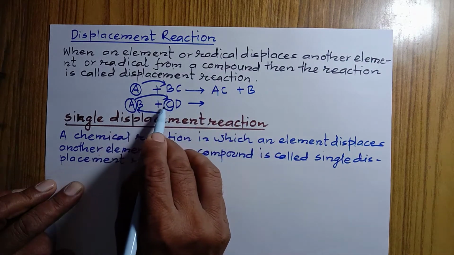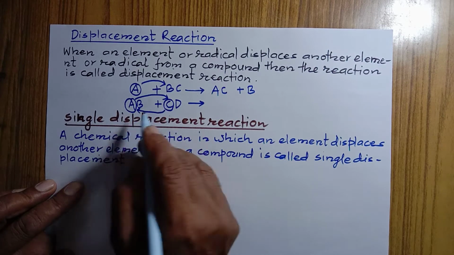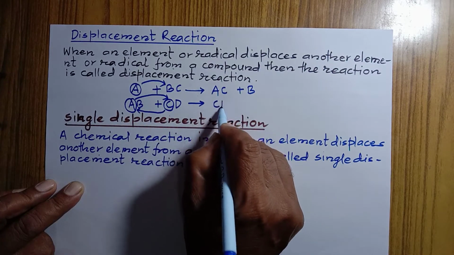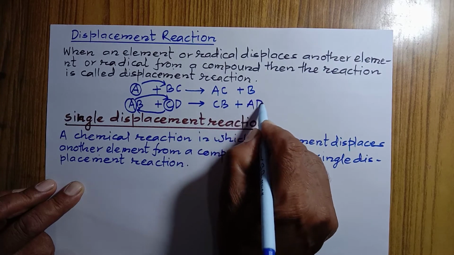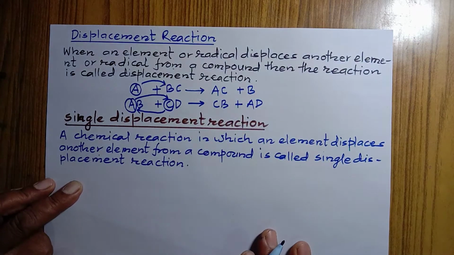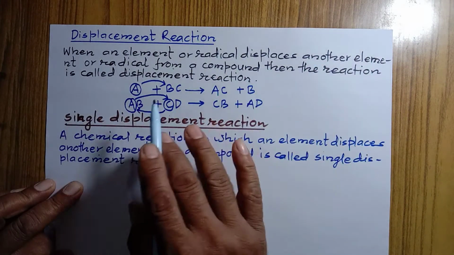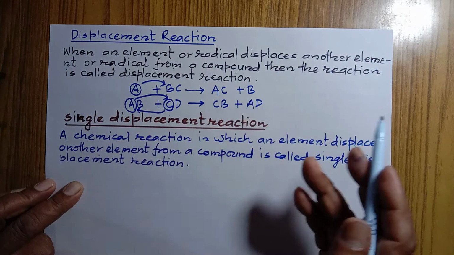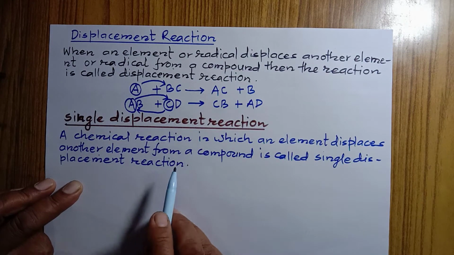This A displaces C and A is again displaced by C, then CB plus AD. This is also displacement reaction. This is the example only. Element or radical, when it displaces another element or radical from a compound, then the reaction is called displacement reaction.